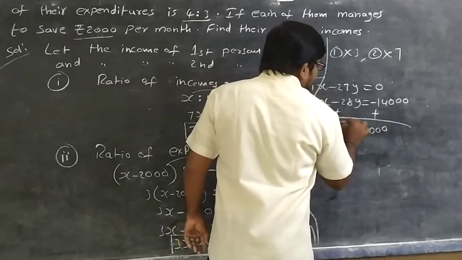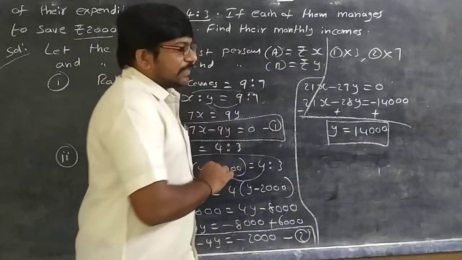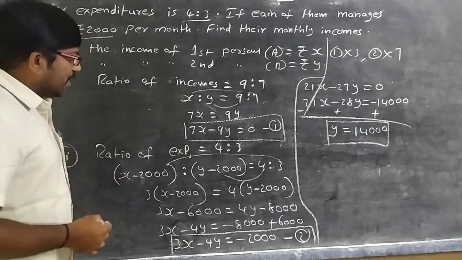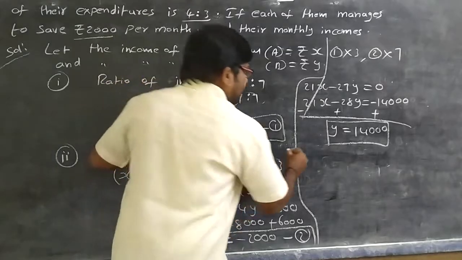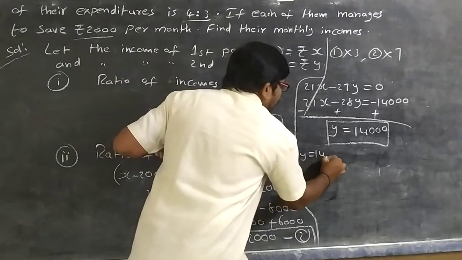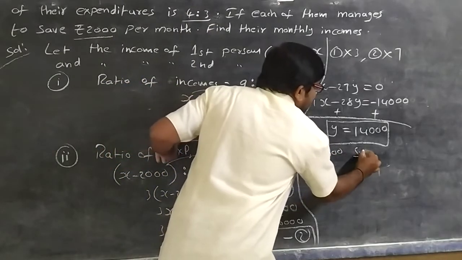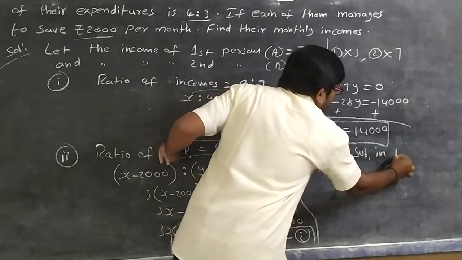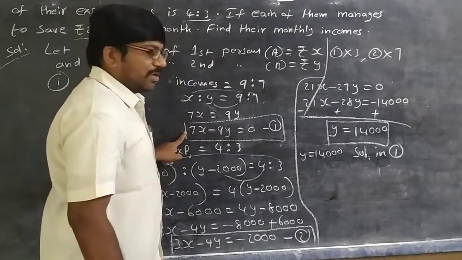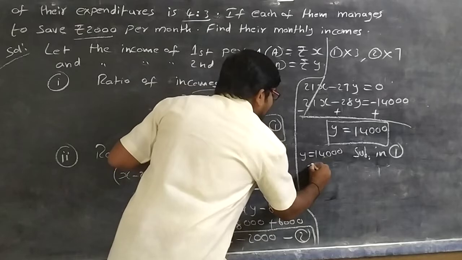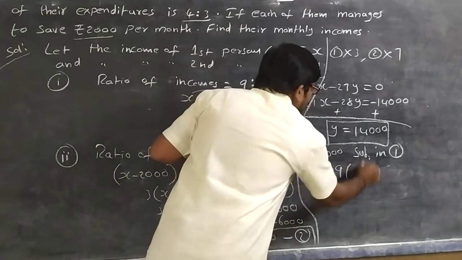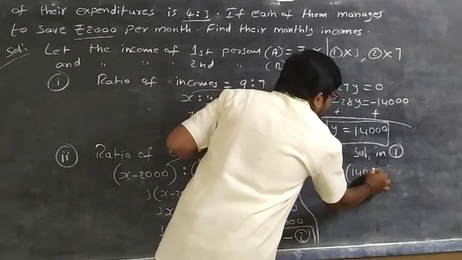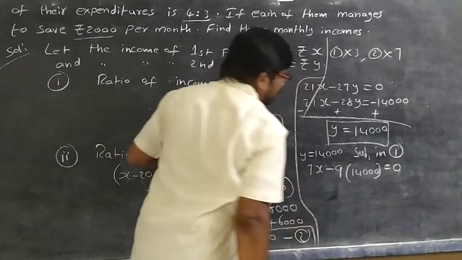So y is 14,000. So what about x? Substituting y value in equation 1, we get x value, right? y is equal to 14,000. Substitute in equation 1: 7x minus 9 into y value 14,000 is equal to 0, right?